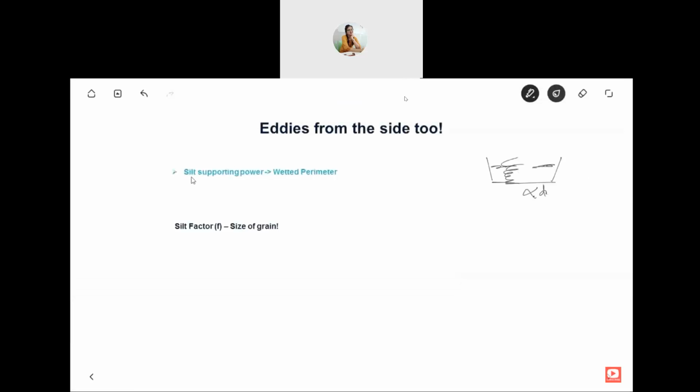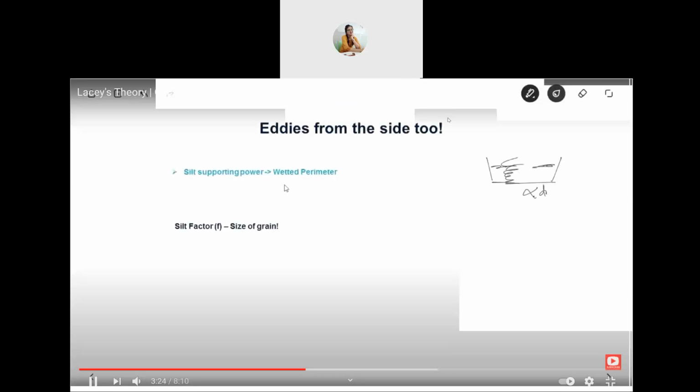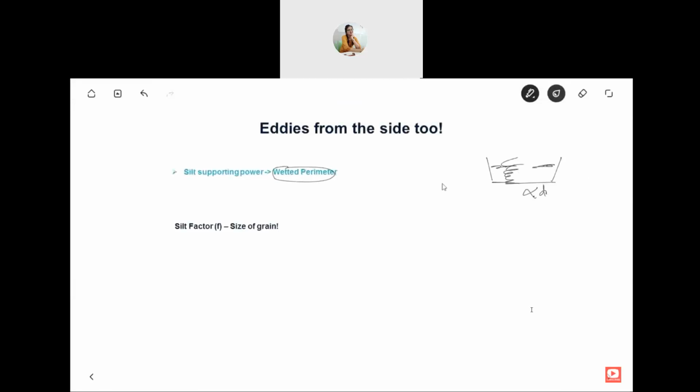So the silt supporting power is proportional to the wetted perimeter. That is, the whole perimeter is taken into account, because the eddies form from all the sides. So the silt supporting power, that is the silt which is in suspension, is by eddies from all sides, so it is proportional to the wetted perimeter.